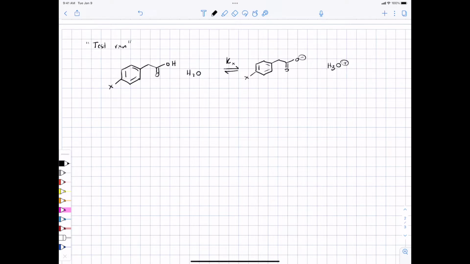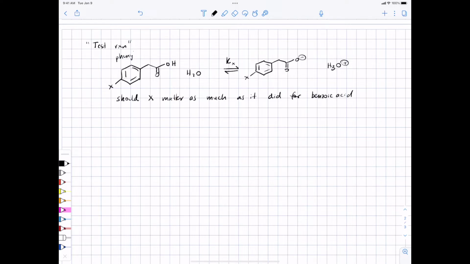And one question you might ask is, how do you expect the electron donating versus withdrawing group to matter as much as it did for regular benzoic acid?